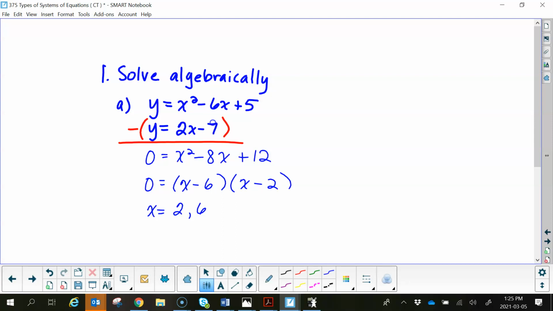So this tells me here that there are 2 points of intersection, because there's 2 different x values. So now when x equals 2, what's y?